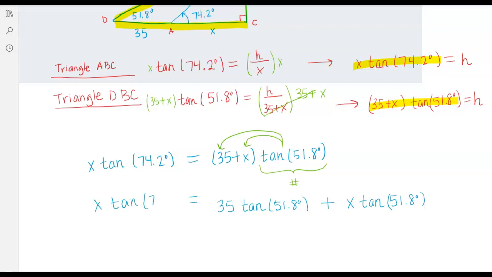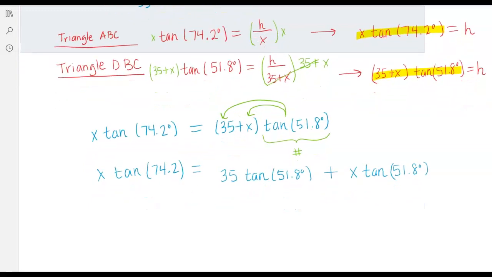Now I only have one variable, x, and I want to get all of the x's together so that I can solve an equation. I want to have x equals. So I need to get anything that has an x onto the same side. So I'm going to subtract this particular term because it has an x in it from both sides.